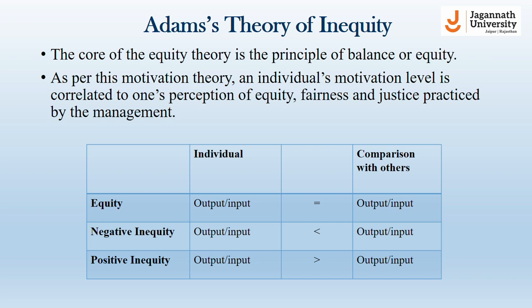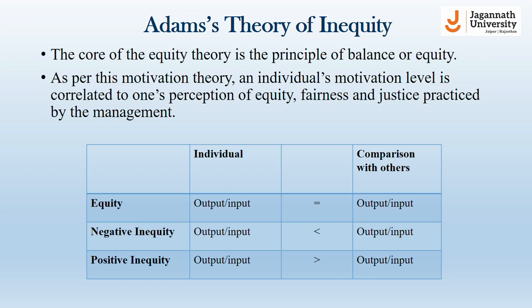So generally in organizations, people feel that they are working more but receiving less against that, or, with the comparison reference, that someone else is putting in lesser effort but is receiving more. Generally this is a particular aspect that we always consider: our input more and others' output less.